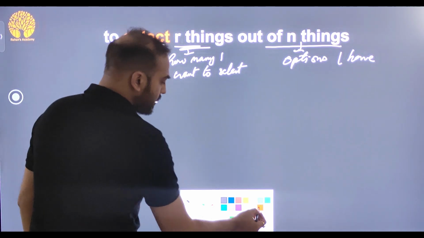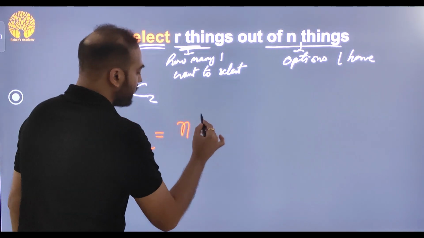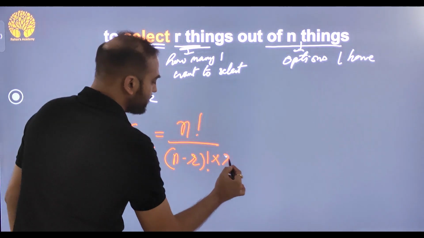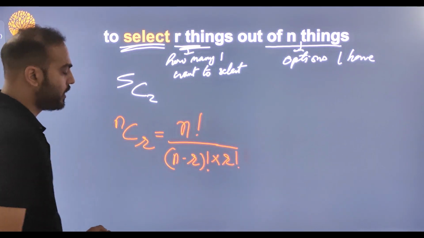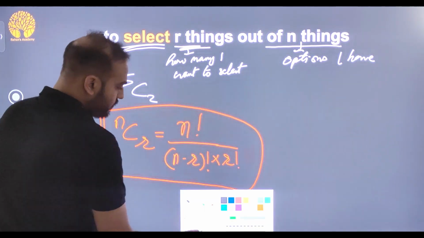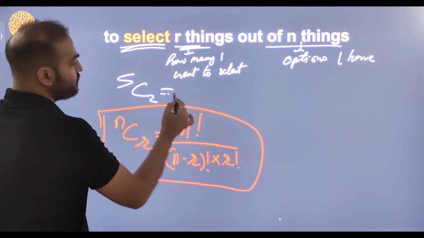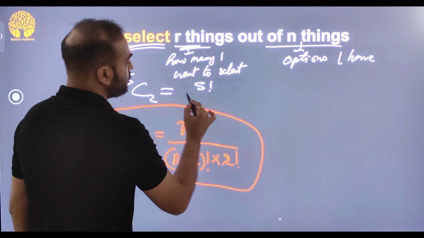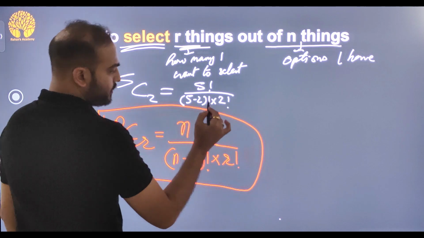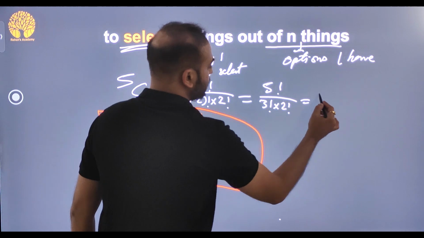Now NCR is simply given by the formula N factorial over N minus R factorial times R factorial. If you observe here, we had 5C2, so 5 becomes N, 2 becomes R. So 5C2 is 5 factorial over 5 minus 2 factorial times 2 factorial, which is 5 factorial over 3 factorial times 2 factorial.